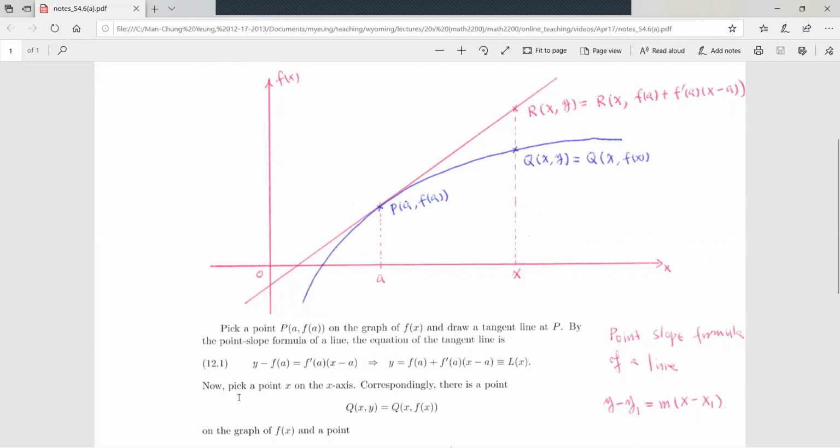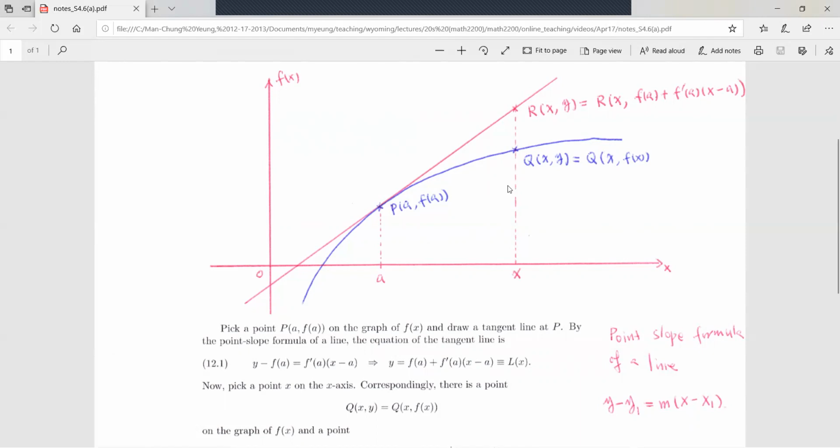Okay, now I pick a second point x on the x-axis. Corresponding to x, on the curve, there is a point Q. The y coordinate of point Q is the function value at x because Q is on the graph of f.